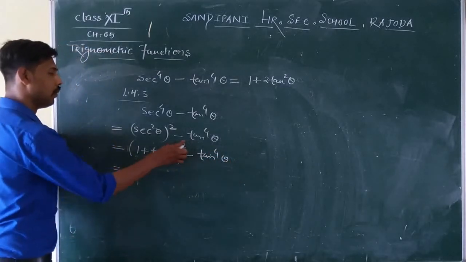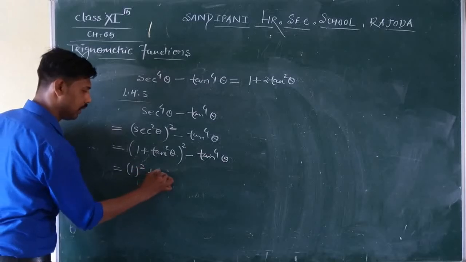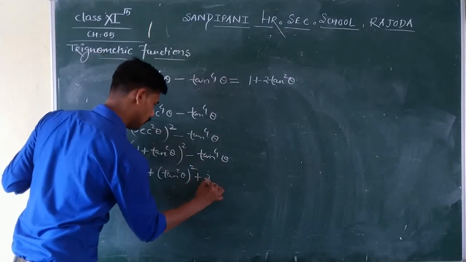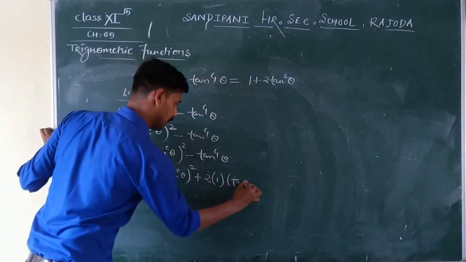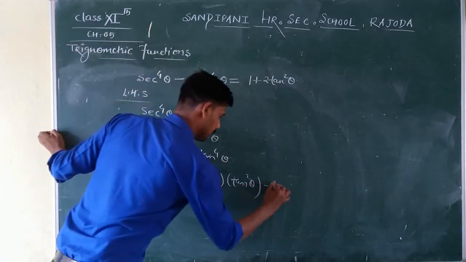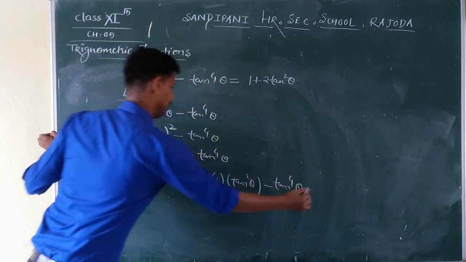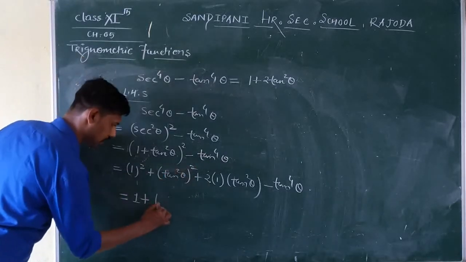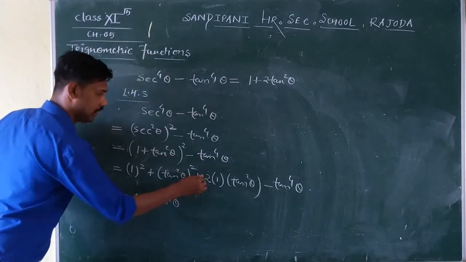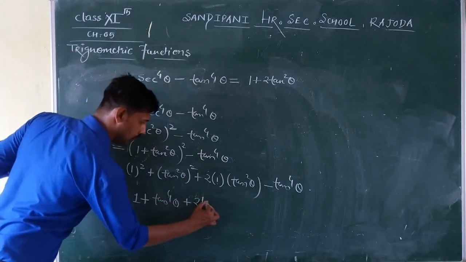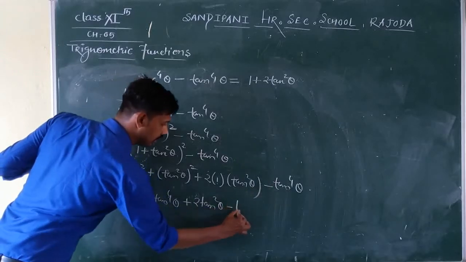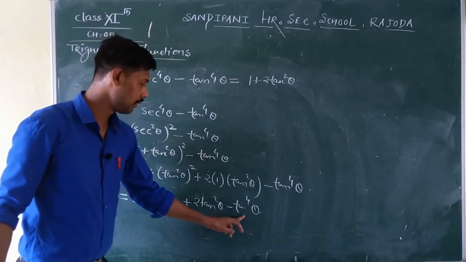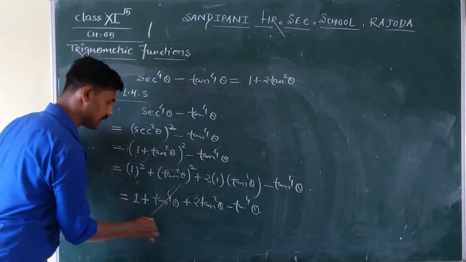(a plus b) whole square means a square plus b square plus 2ab. Here the square of 1 will be equal to 1, the square of tan square theta means tan to the power 4 theta, then 2 times 1 times tan square theta, so 2 tan square theta, and the last term is tan to the power 4 theta. Students, just focus: the coefficient of tan to the power 4 theta is negative in one place and positive in the other, so they cancel each other.